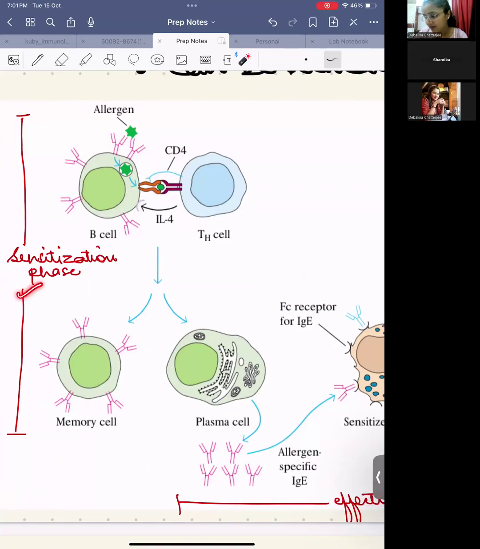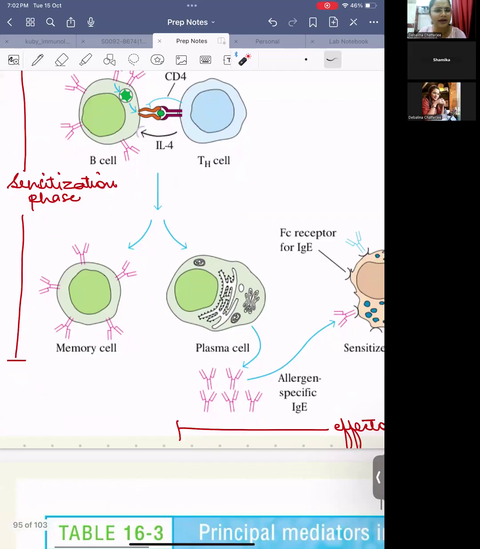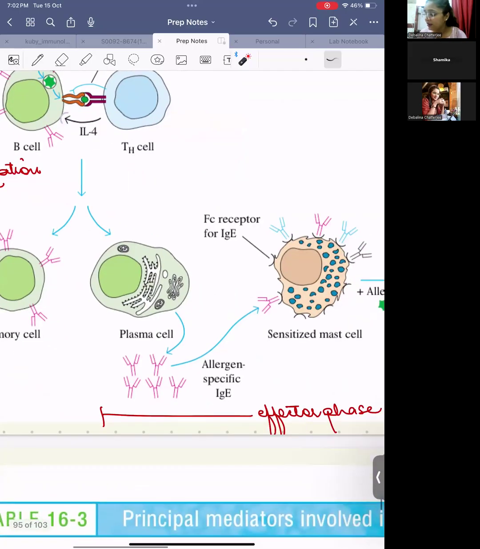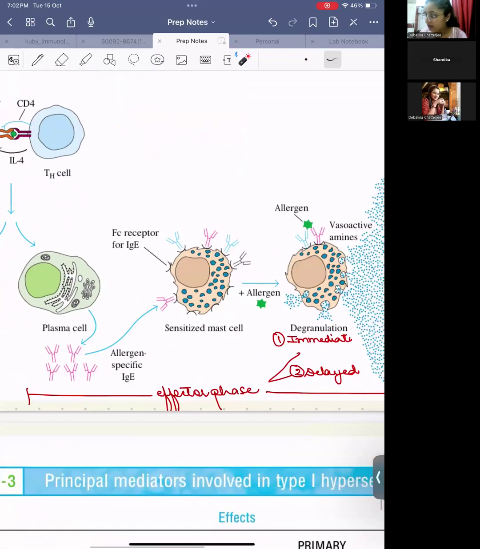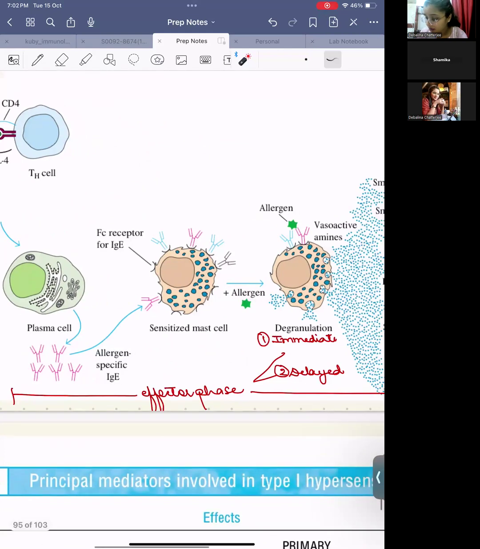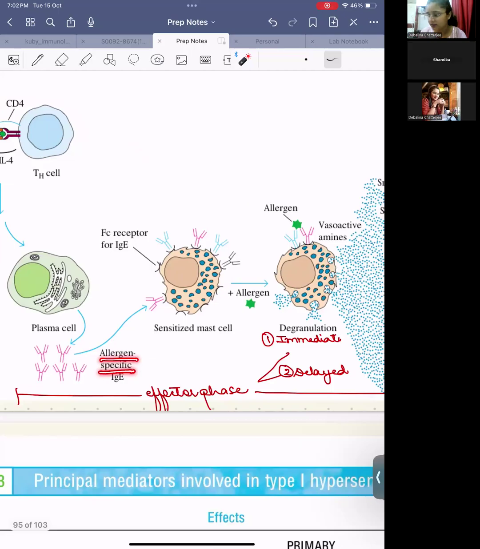So the sensitization phase is wherein we have these allergens activating your B and T cell arms, and eventually they differentiate into the memory and plasma cells of the respective subtypes. Now in the effector phase, we already have this allergen, and it's a second, subsequent encounter of the allergen.